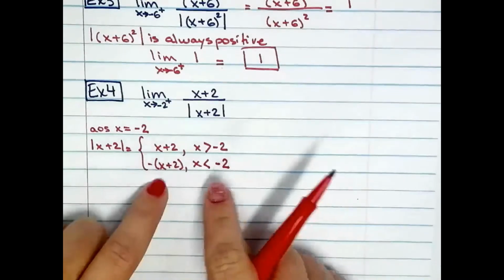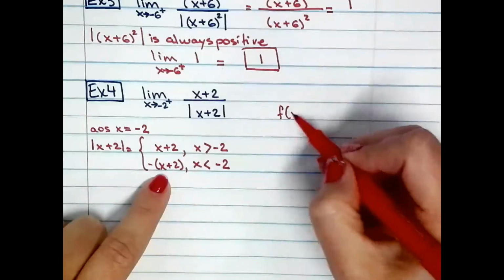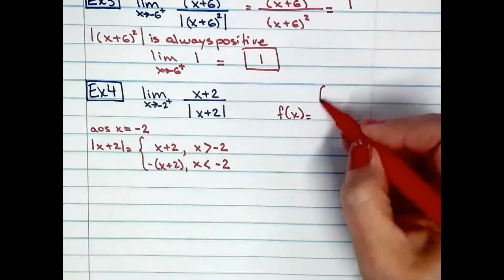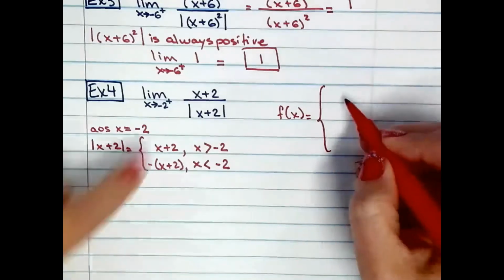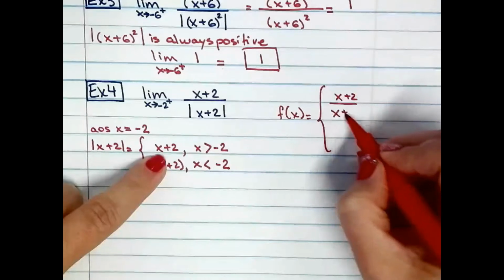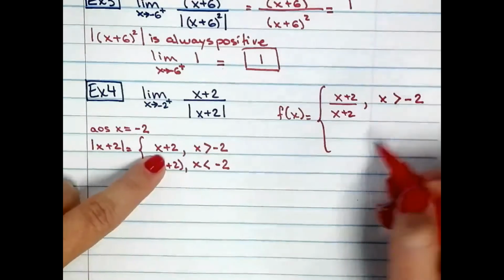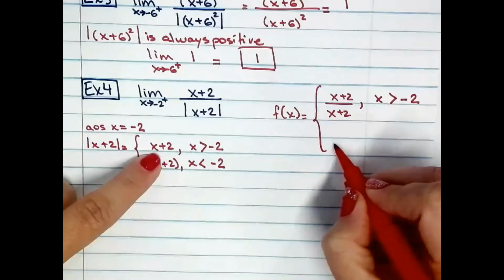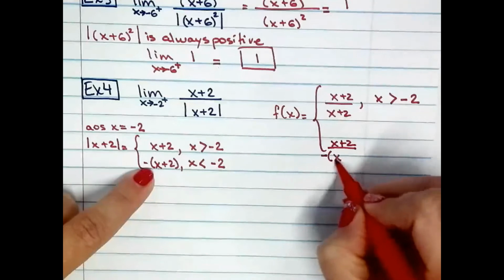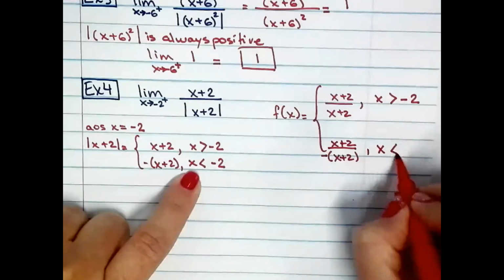Okay, now we're getting somewhere. I'll go ahead and write out the piecewise function for the whole rational function right here. So I have x plus 2 over x plus 2 when x is greater than negative 2. And I also have x plus 2 over negative x plus 2 under the condition that x being less than negative 2.